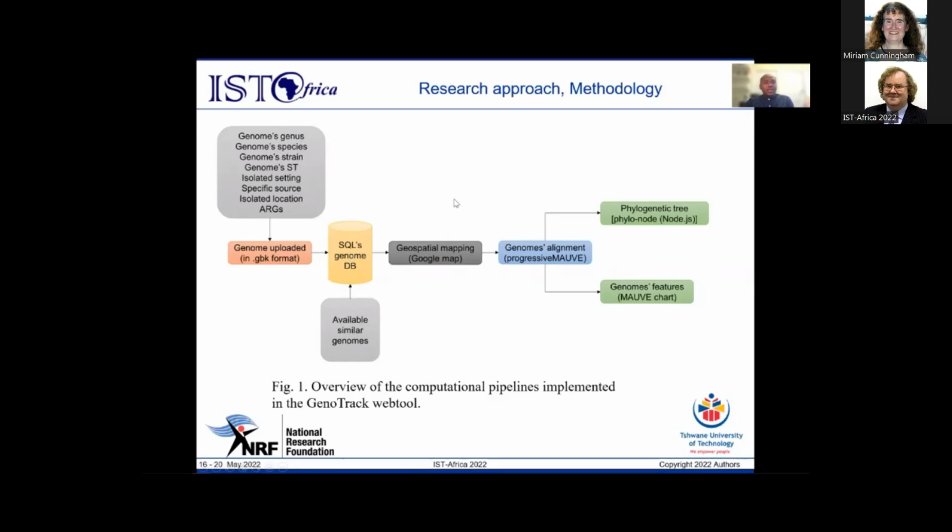And the first analysis that you're going to get is a geospatial mapping from Google Maps, which shows the distribution of the genomes that you have provided and the similar genomes that are also found in the database. After mapping that, there is an alignment part that is being done. And after the alignment, you're going to get the phylogenetic tree. And you're also going to get a genome feature based on move chart, right?